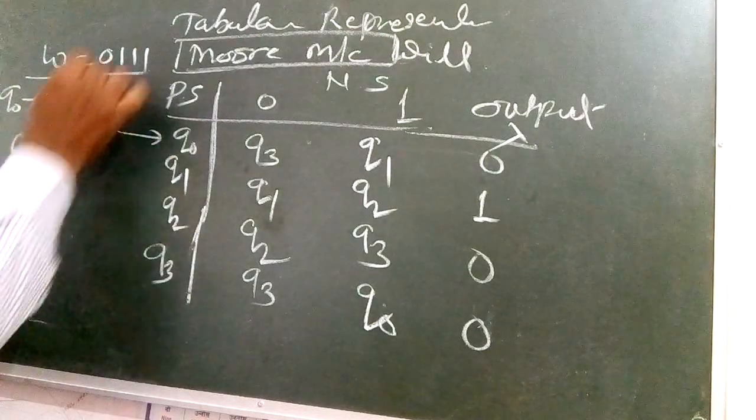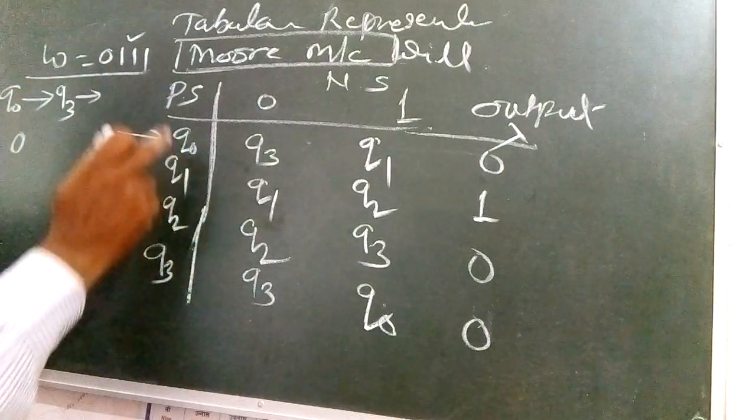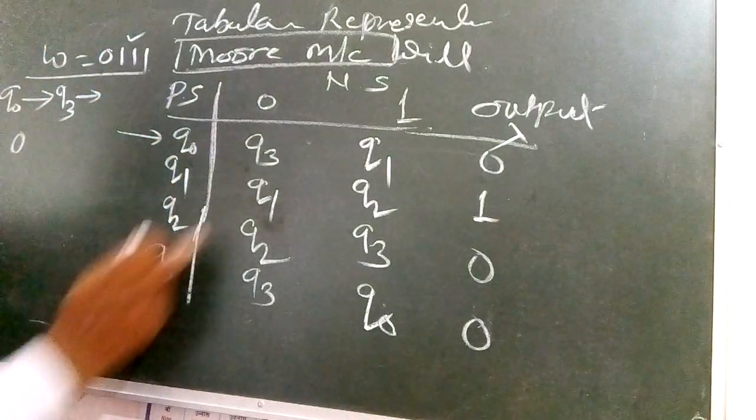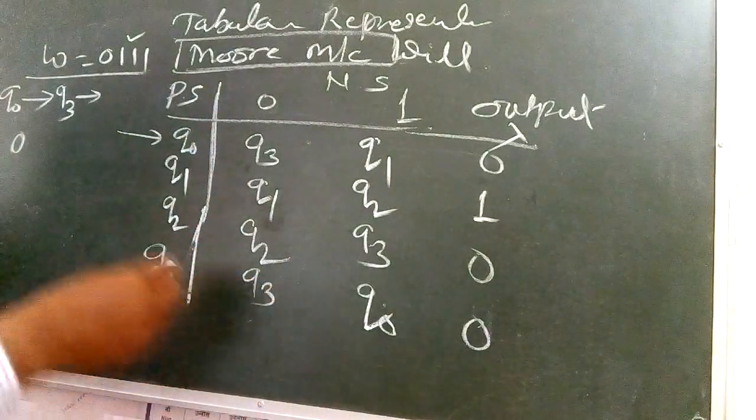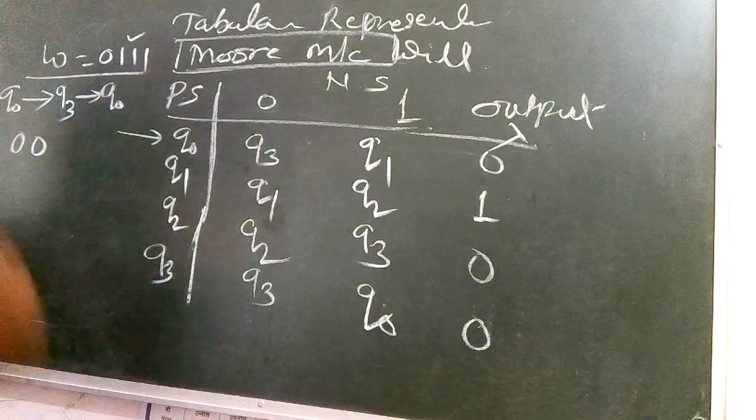And from Q3 for input 1, it will go to state Q0 and output 0.